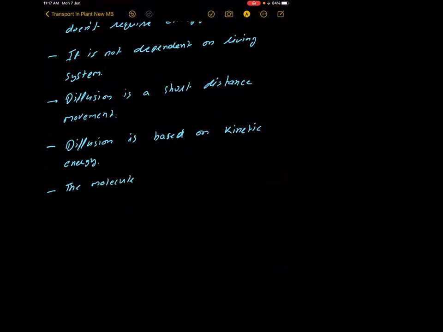Sir, can you once explain the relation between kinetic energy and diffusion? If kinetic energy increases, the molecules can move fast, so the diffusion rate increases.